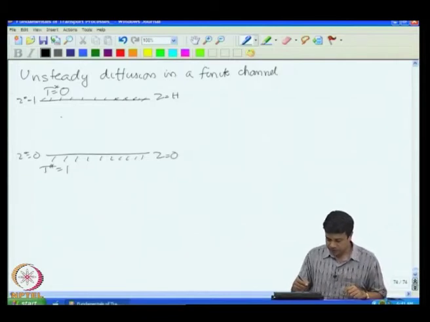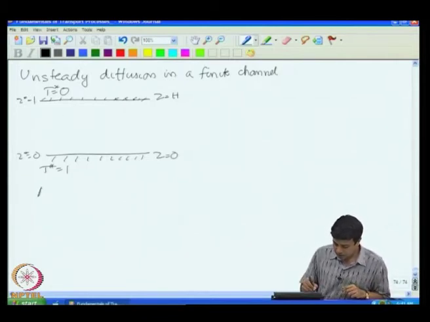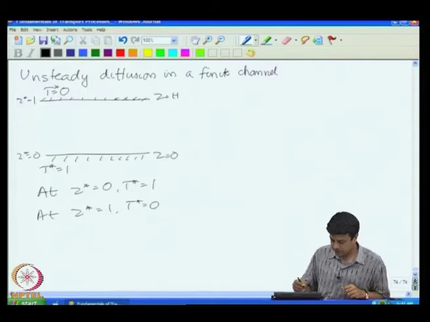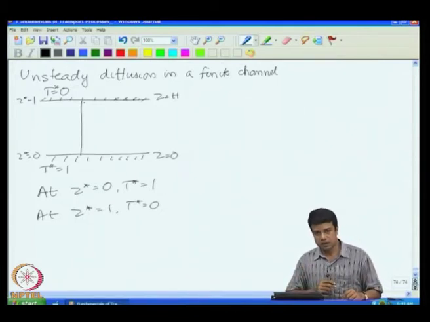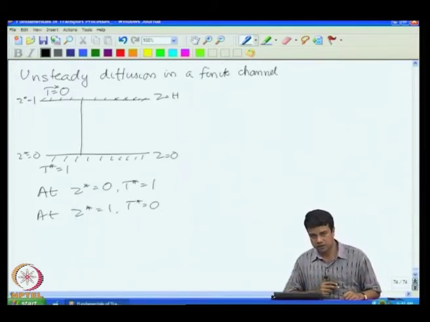So the boundary conditions are at z star is equal to 0, T star is equal to 1, and at z star is equal to 1, T star is equal to 0. And then the question is, what is the initial condition? We will use the same initial condition as the solution of the unsteady problem.